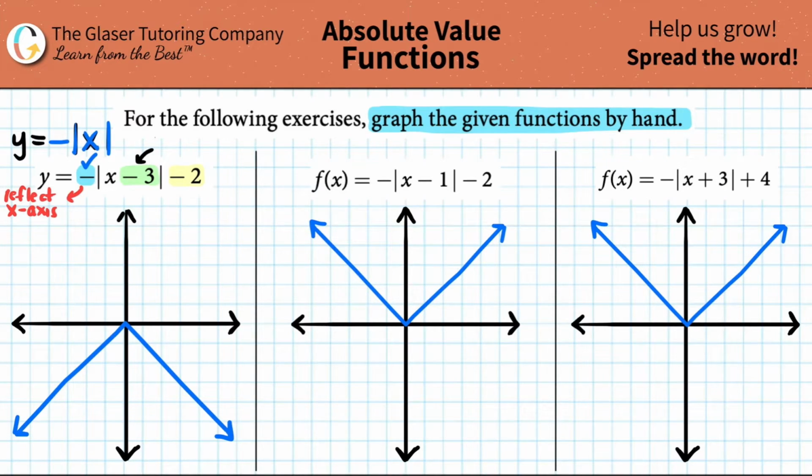So this -3 is an insider, and insides are always horizontal shifts. They will always shift your graph from left to right. So just categorize that, okay? If your number is inside the actual function, these lines, you're going left to right.